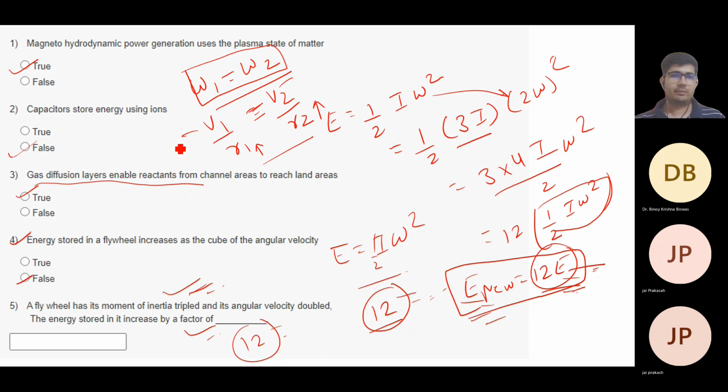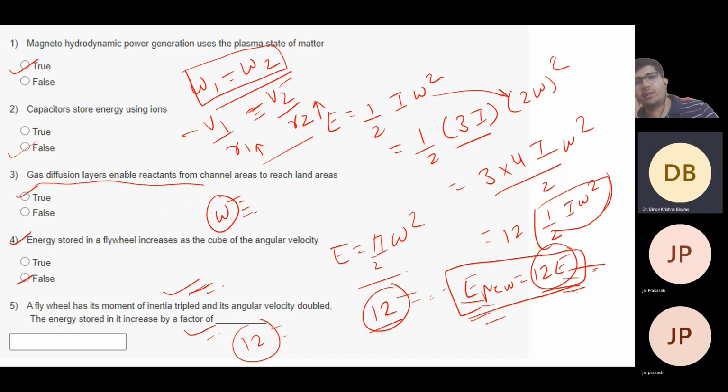But sir, as per the energy equation, as you have also written, half I omega square. If your omega is same and then you are changing the radius, it means that the linear velocity is different, but the ratio is same.